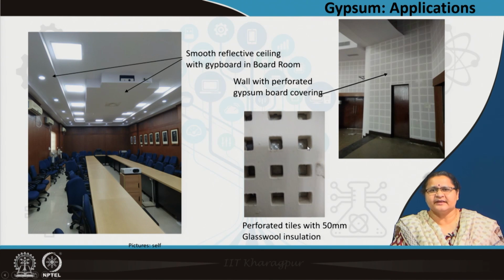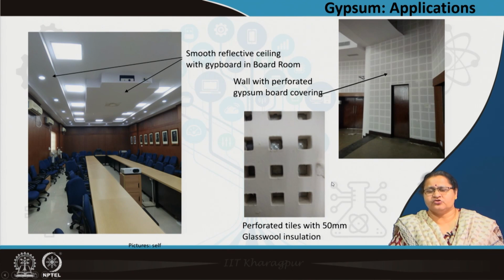This picture has been taken from one of the lecture halls here at IIT Kharagpur. So, there is an insulation embedded inside, and on top of it, it is the perforated board, which is a closer view and that is the overall view. Here it has acoustical application. Here also it is reflecting sound and is having acoustical application, other than giving the room or the ceiling a neat finish.